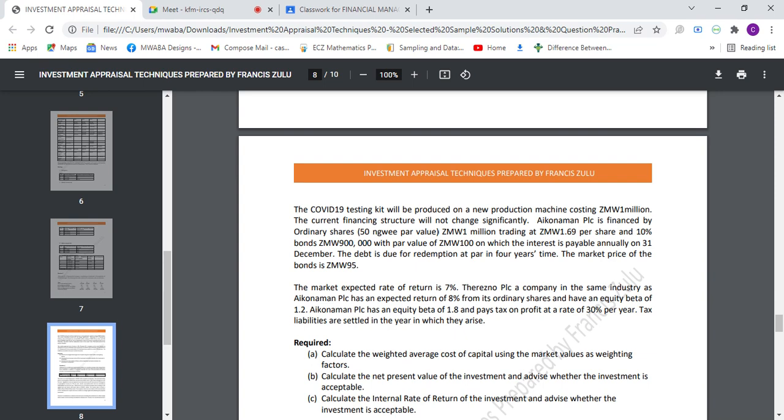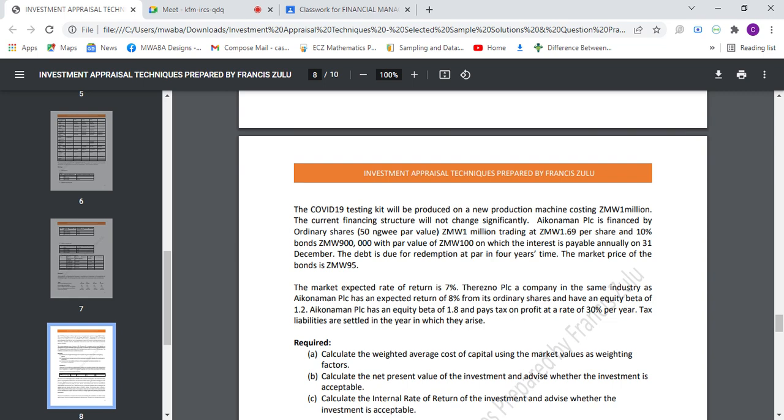There is no PLC, a company in the same industry as Iconaman PLC, has an expected rate of return of 8%. So this expected rate of return, this 8%, is the cost of equity from its ordinary shares, and has an equity beta of 1.2.